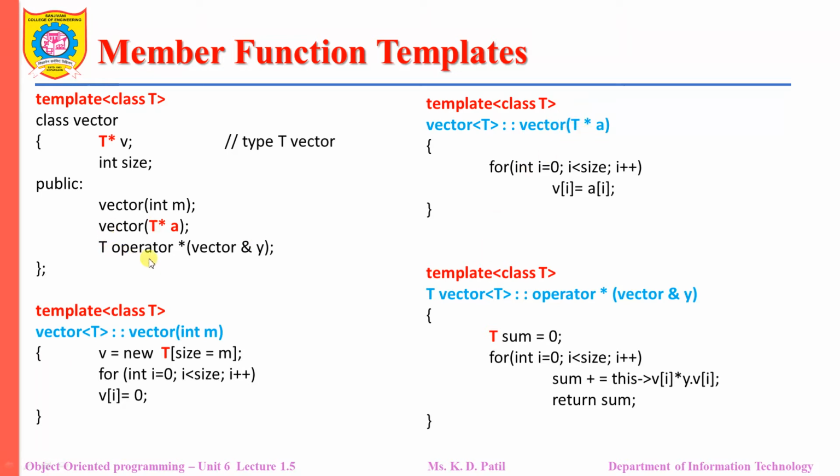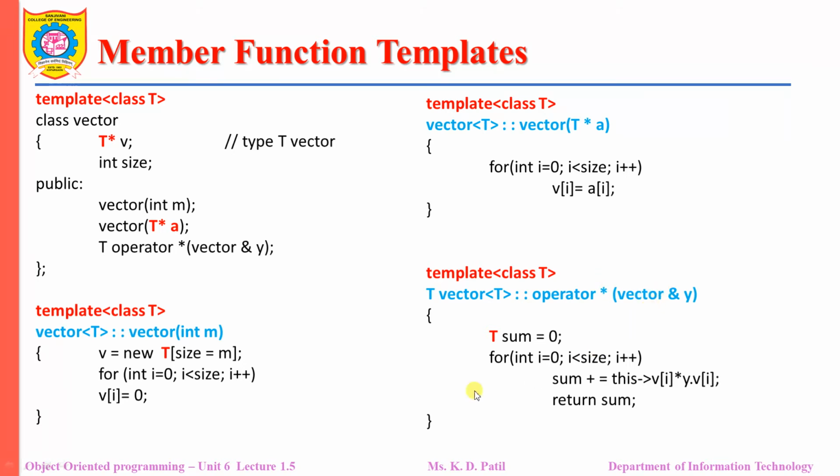And if you observe this operator function, again in the same way, here the return type is T, and then I have written the name of the class, that is vector, followed by the T data type, followed by the scope resolution operator followed by the operator, which is my function, and this is the argument list.